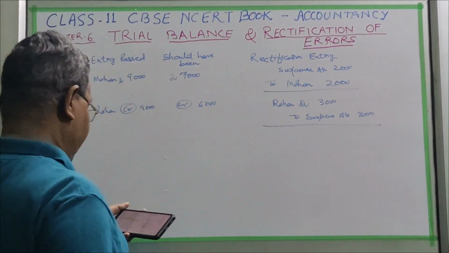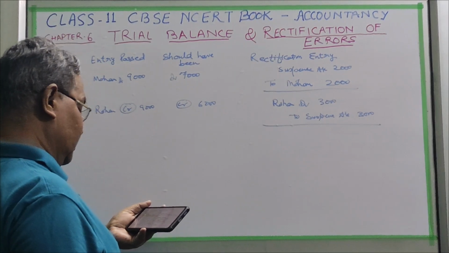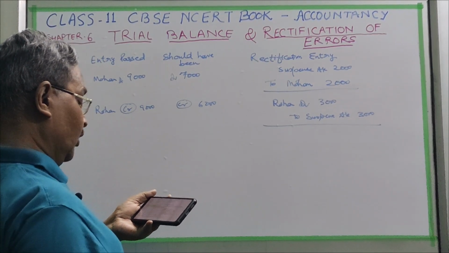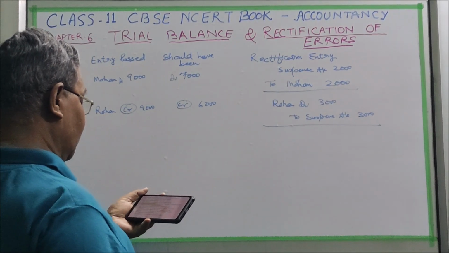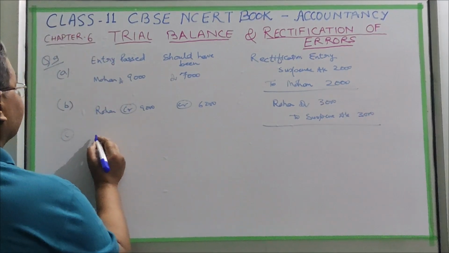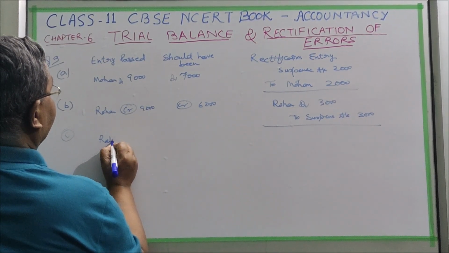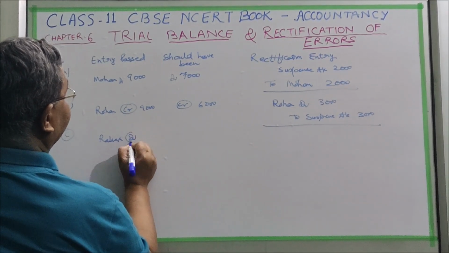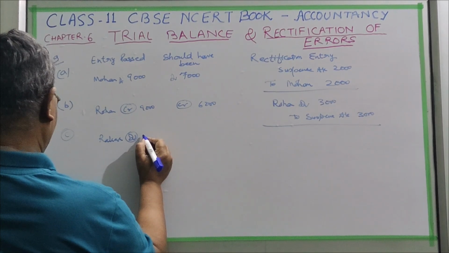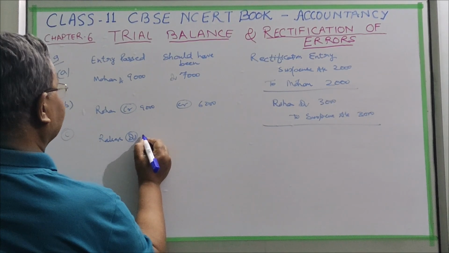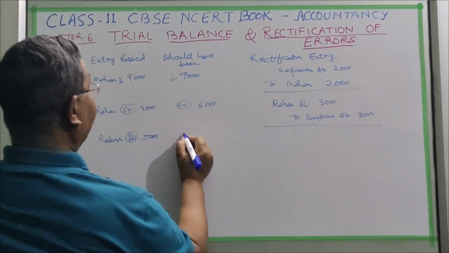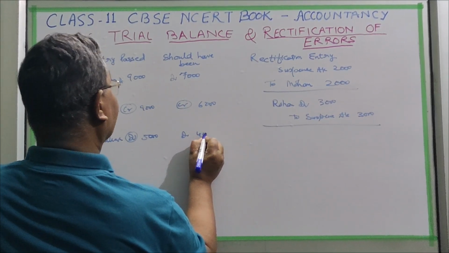Likewise, see, goods returned to Rakesh 4,000 posted as 5,000. So goods returned to Rakesh means Rakesh you have debited. Rakesh is the receiver. You have debited him with rupees 5,000, and you should have debited him 4,000.